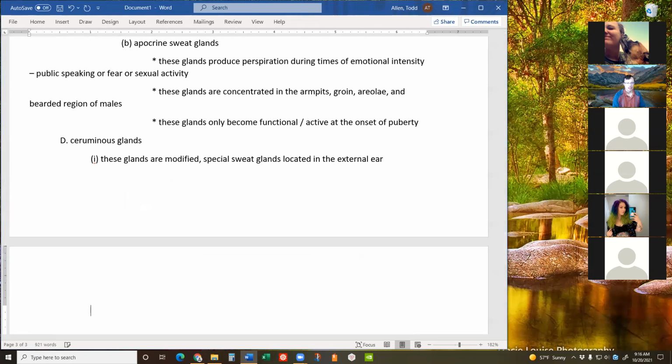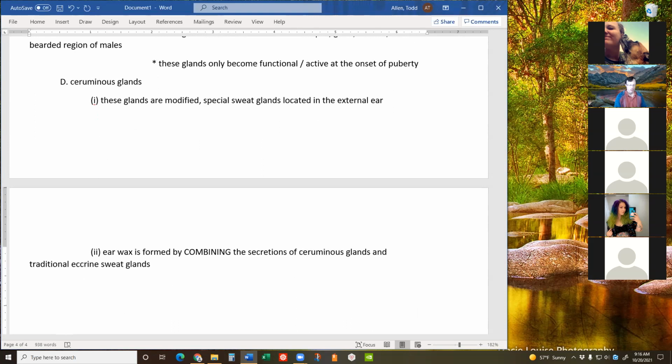When these specialized sweat glands release material, that material mixes with normal sweat gland secretions to form earwax. Earwax is formed by combining the secretions of ceruminous glands and traditional eccrine sweat glands.